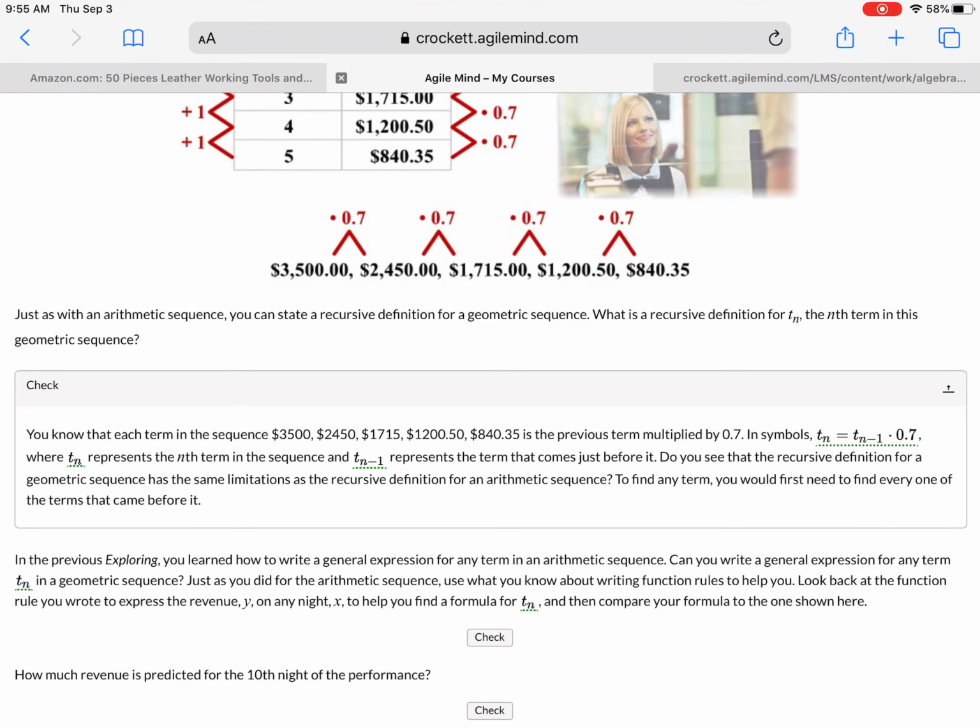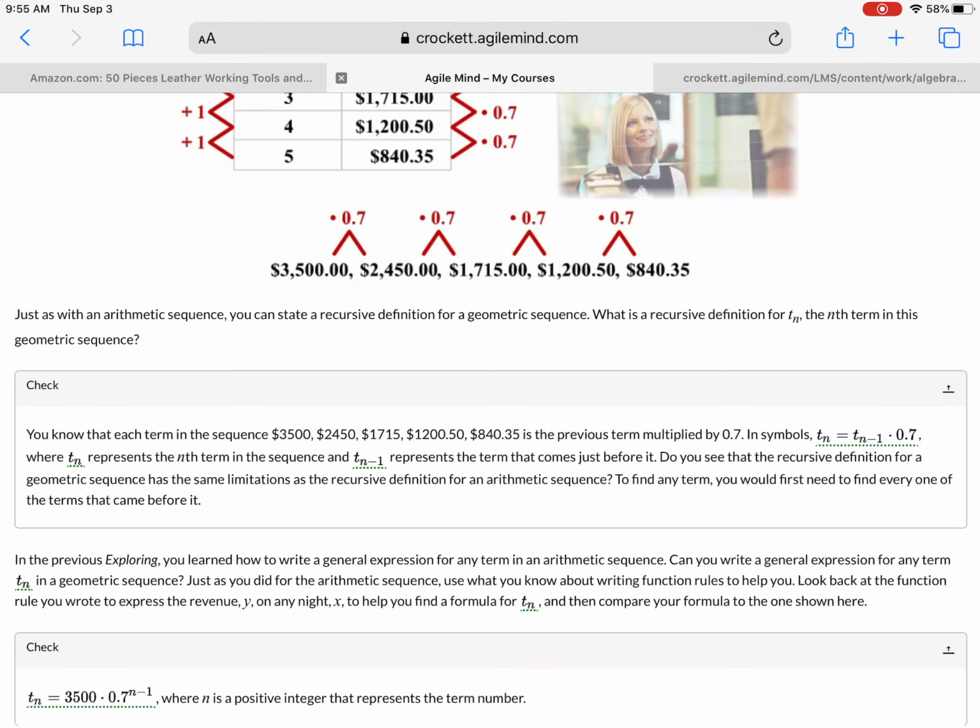All right, next part says, in the previous exploring, you learned how to write a general expression for any term in an arithmetic sequence. Can you write a general expression for any term Tn in a geometric sequence? Just as you did for the arithmetic, you use what you know about writing function rules to help you.